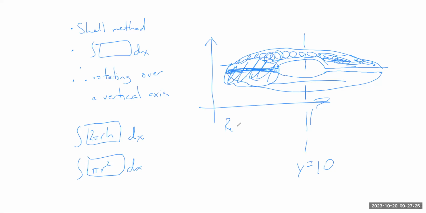So that's going to be something about X. So let's say this value here is X equals B. What's my inner radius then? 10 minus B is the difference between those two things. Would it make sense to say B minus 10?